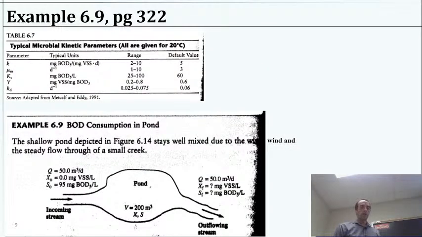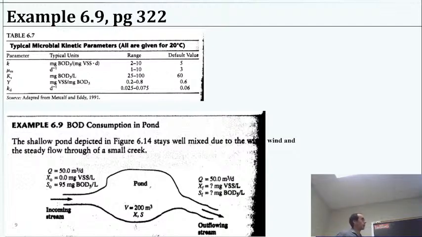Okay, we're going to set up a problem here in a moment. We'll use some default parameters for some of these values, and I will write these up for you in a moment. These default parameters come from a table in our book.